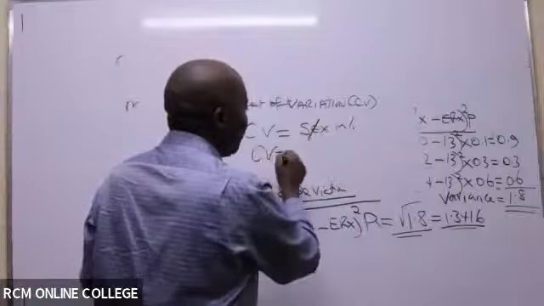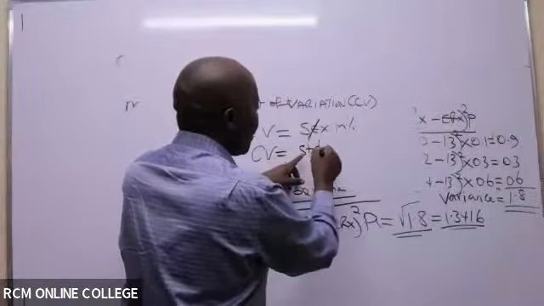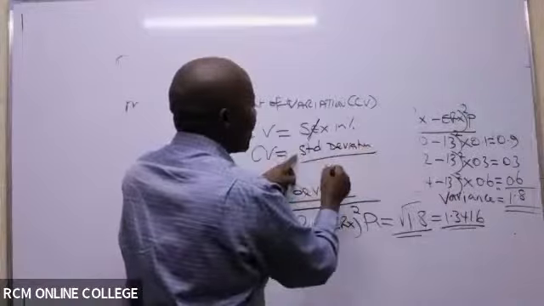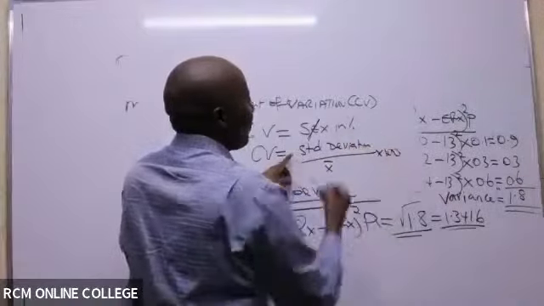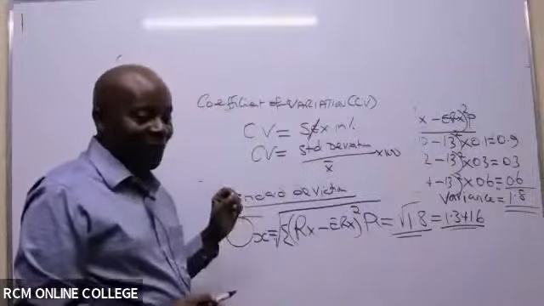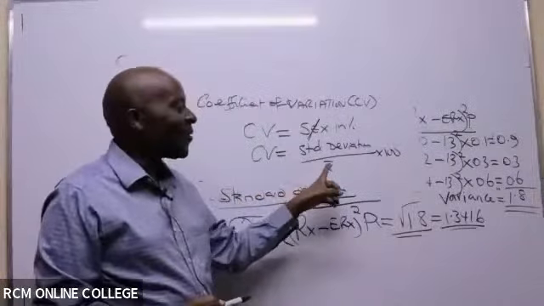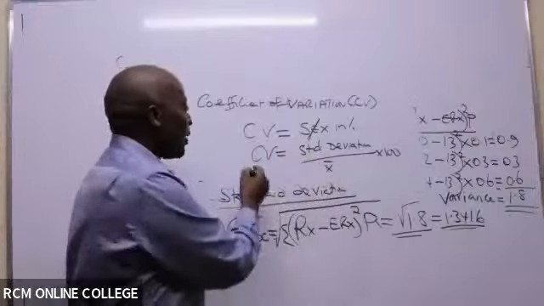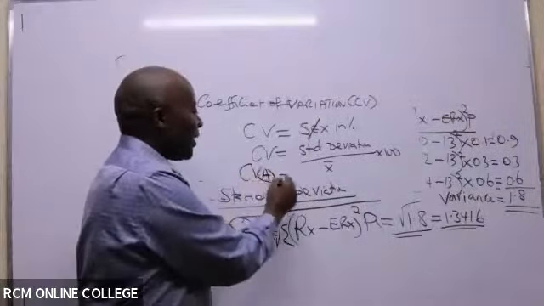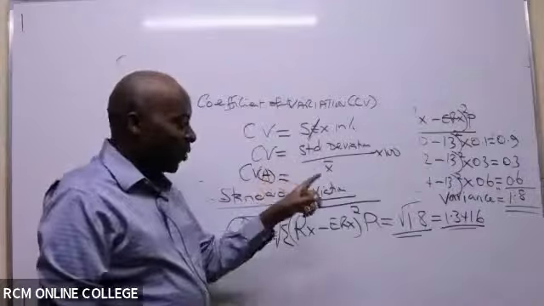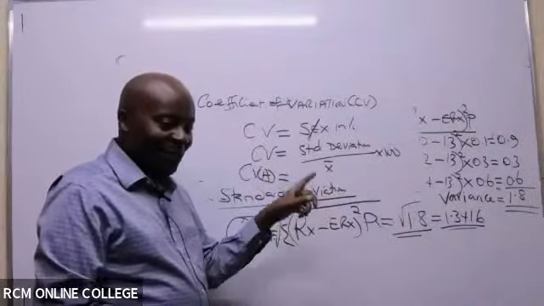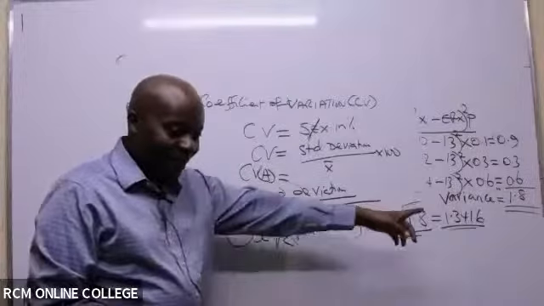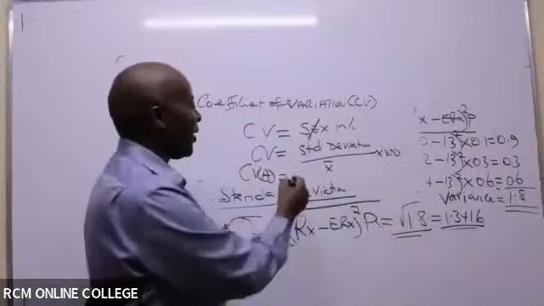So I know the CV will be the standard deviation over X bar times 100. So now for A, the CV of A, is there somebody who is able to remind us the standard deviation we got? It is here, isn't it? 1.34, thank you very much.